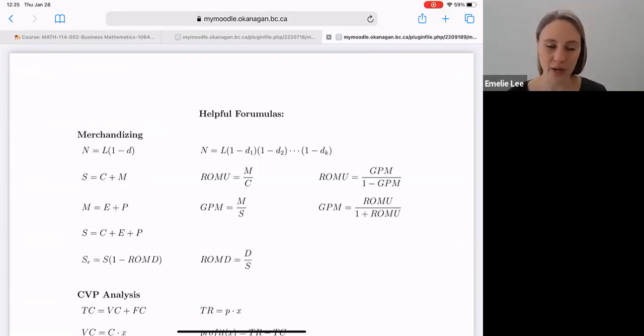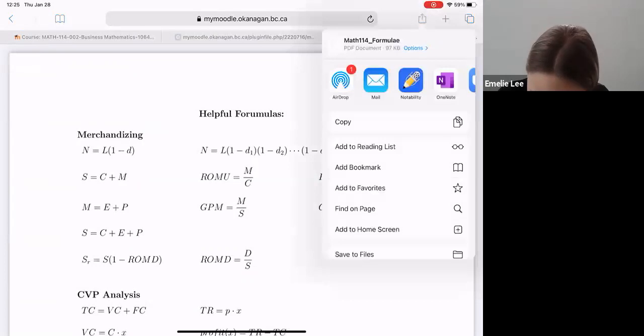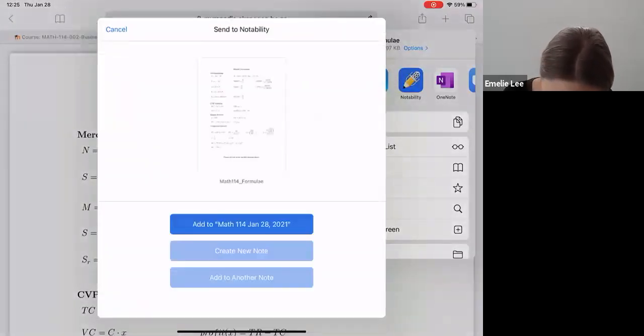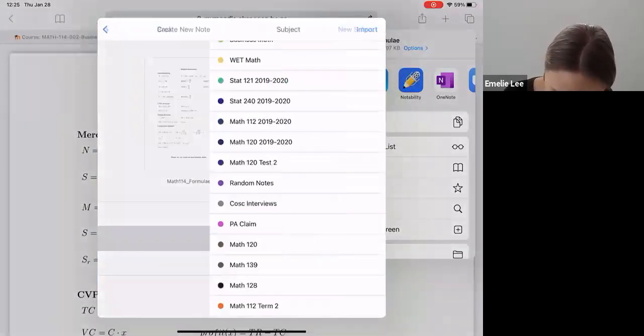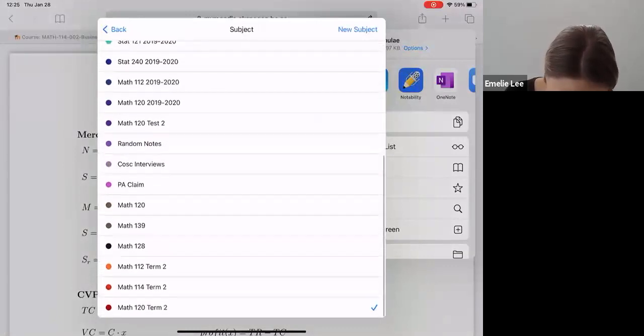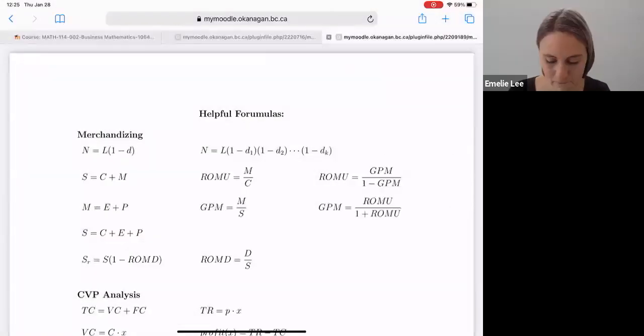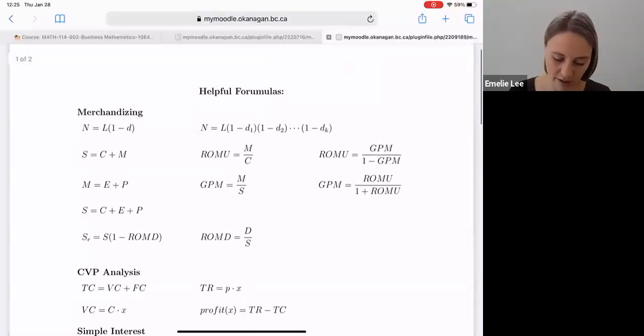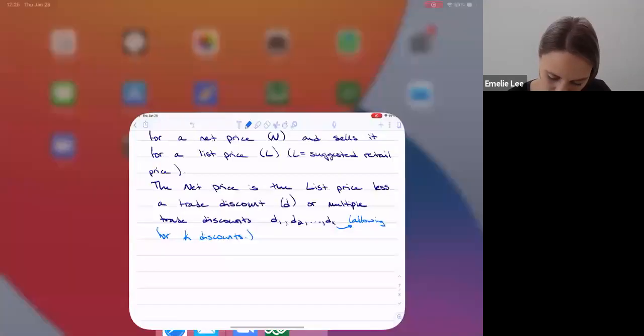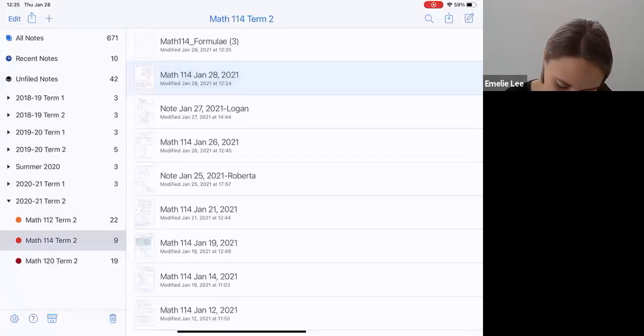Okay, so I'm going to bring this formula sheet into our notes here, create a new note. What we're going to do is slowly pick away at all of these formulas until we've covered them all.